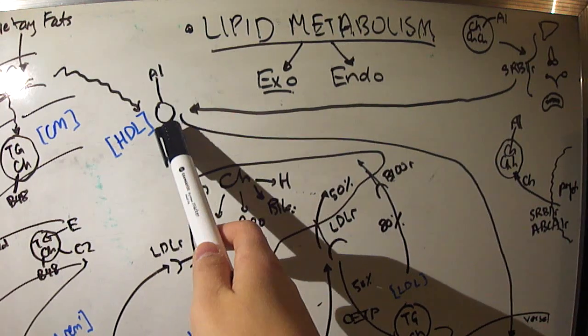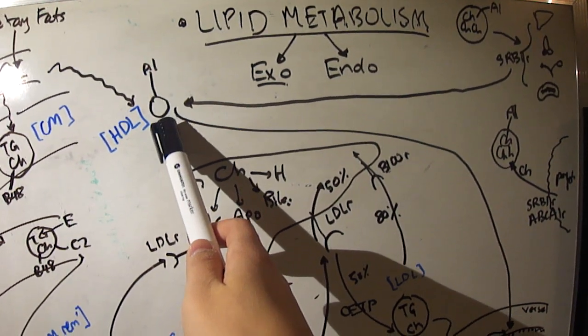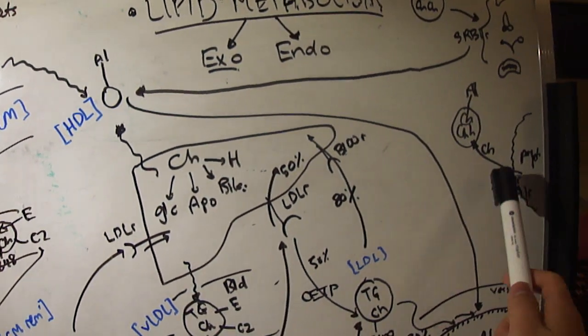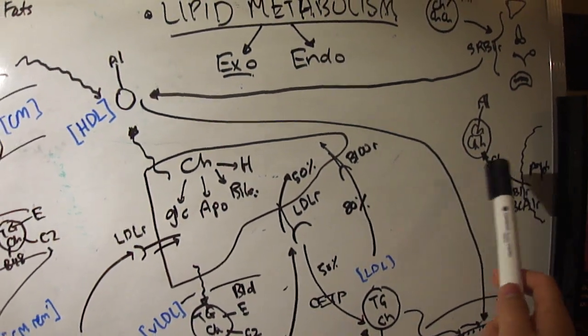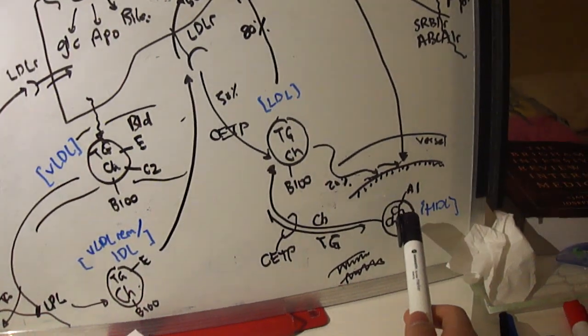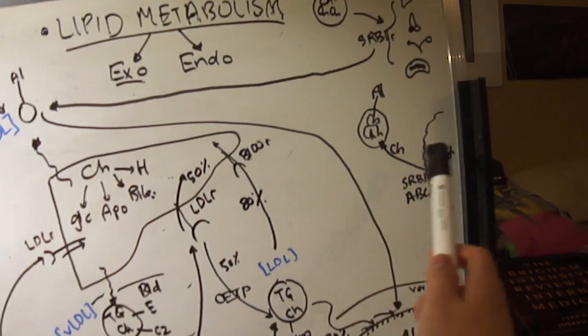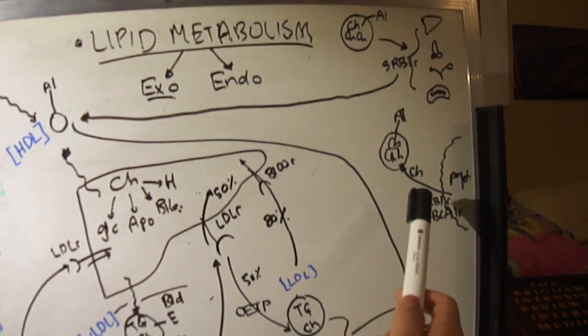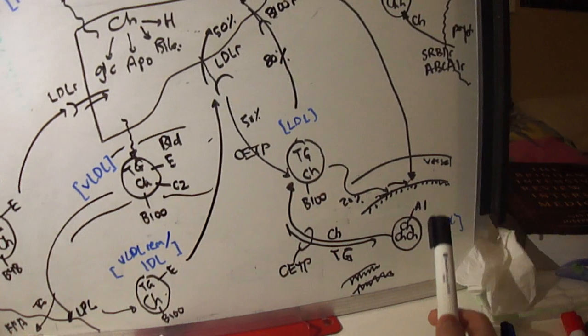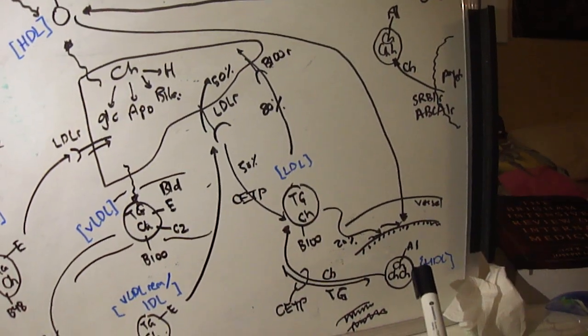Now the third fate of this HDL is, well, it can pick up some of the peripheral tissue cholesterol. It can pick up the cholesterol from the vessels, become rich, and then go to the periphery and pick up even more cholesterol. And now that it has a lot more cholesterol, this particle is the same as that one.